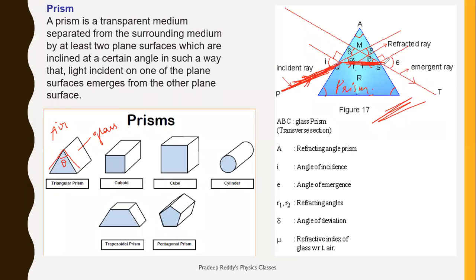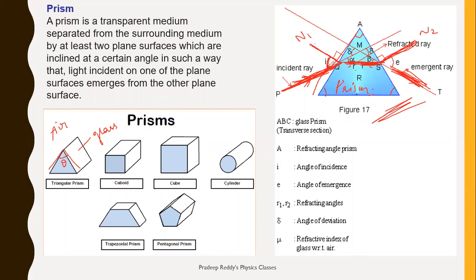And when it comes out from the other surface, once again it undergoes refraction. So from the first surface it undergoes refraction, and from the second surface it undergoes refraction. The angle is made with the normal of the surface. This is the normal of the first surface, which I can represent with N1. And this is the normal of the second surface, which I can represent with N2.